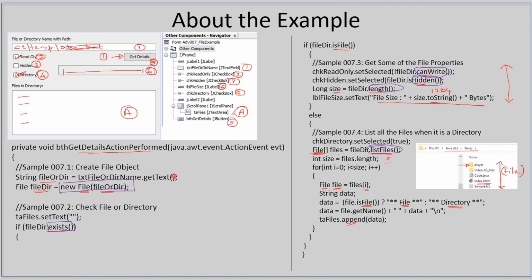So these are all the functions we are using, but there are a lot of other functions available. You can explore the documentation to fully utilize File. That's all. Now we will go to the design and implement this code.